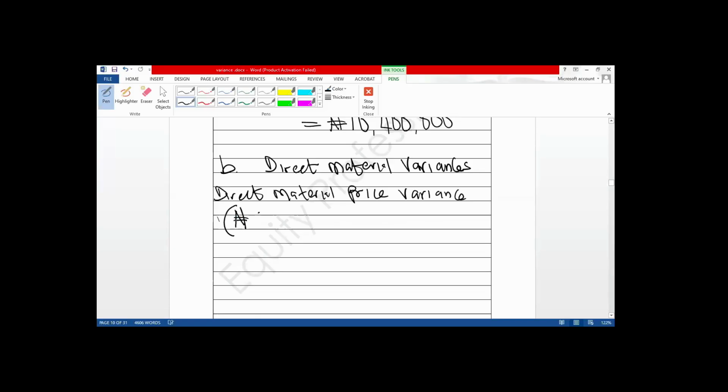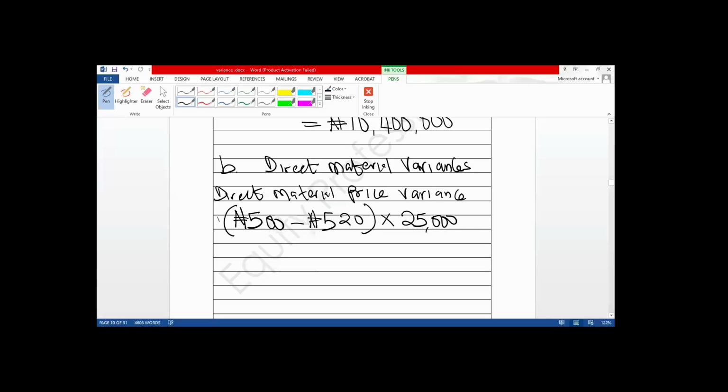Standard material price 500 naira minus actual material price 520, multiplied by actual quantity purchased 25,000.